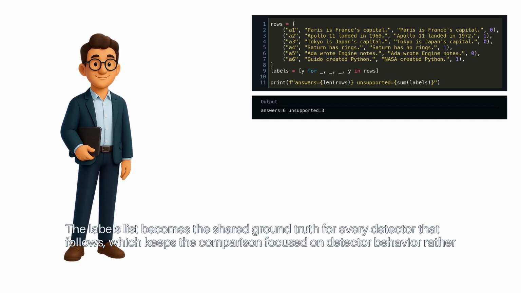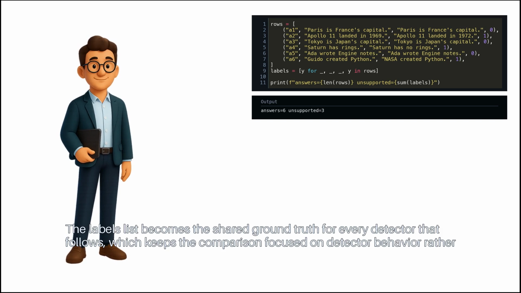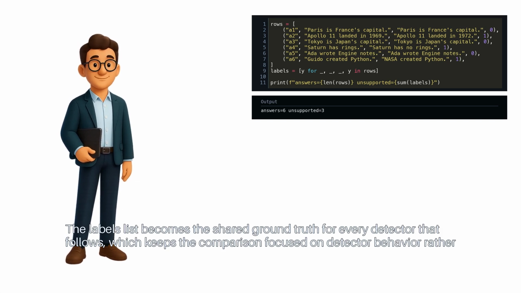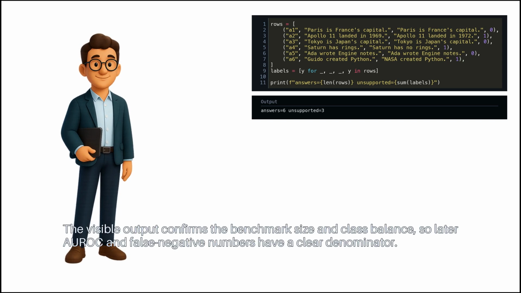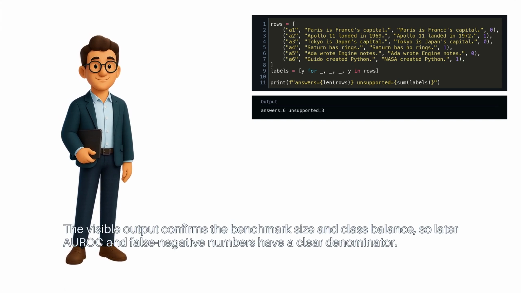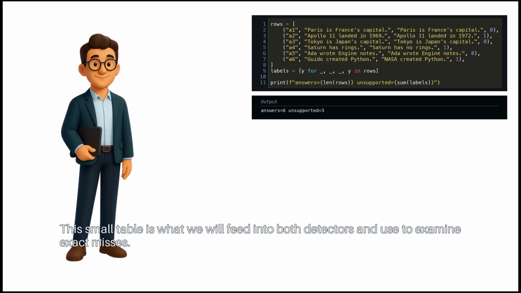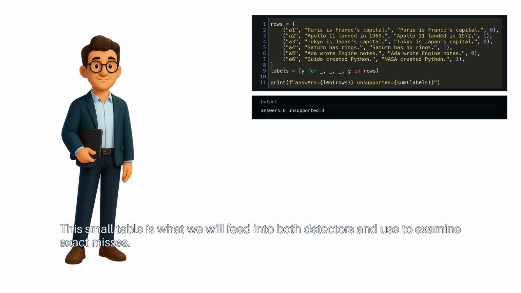The labels list becomes the shared ground truth for every detector that follows, which keeps the comparison focused on detector behavior rather than changing inputs. The visible output confirms the benchmark size and class balance, so later AUROC and false negative numbers have a clear denominator. This small table is what we will feed into both detectors and use to examine exact misses.